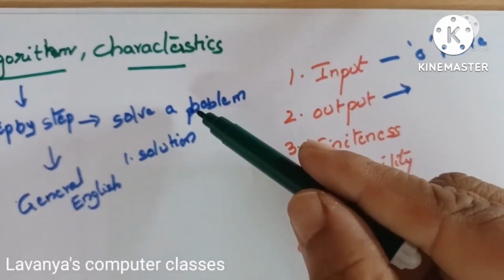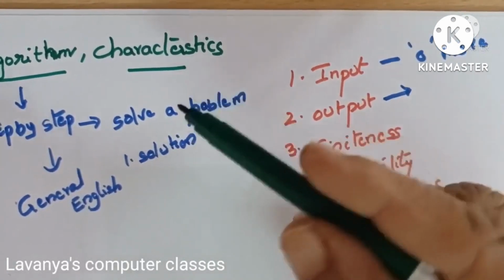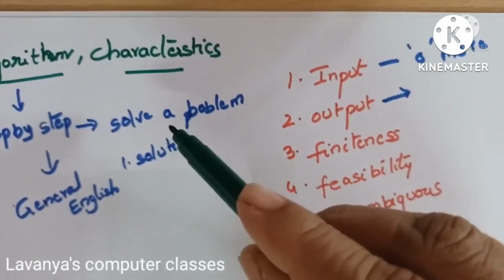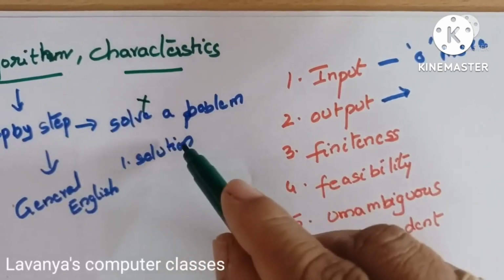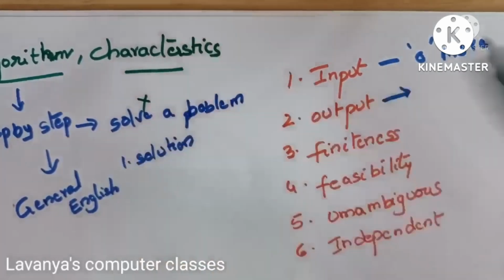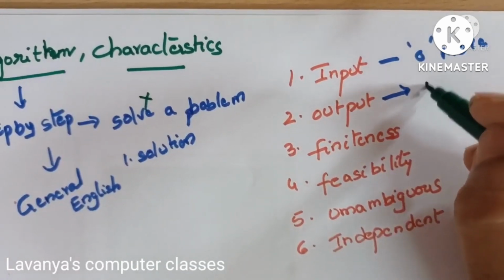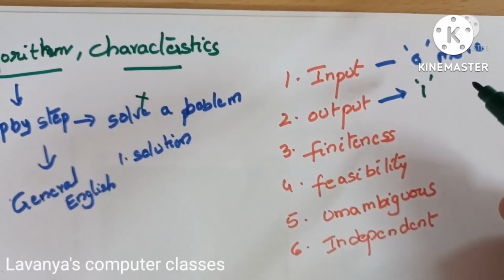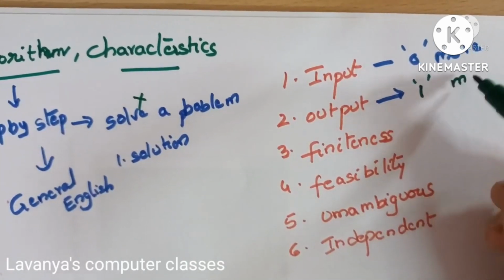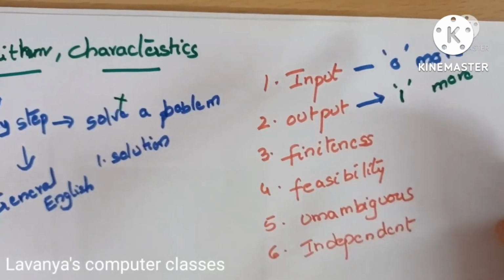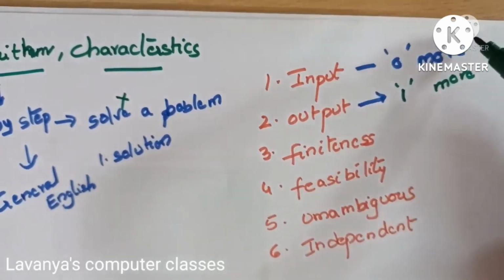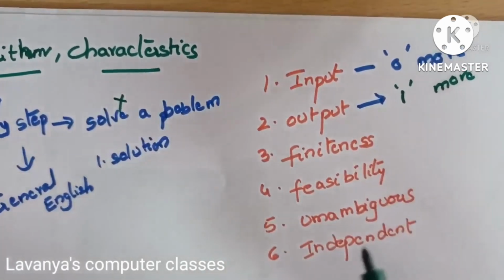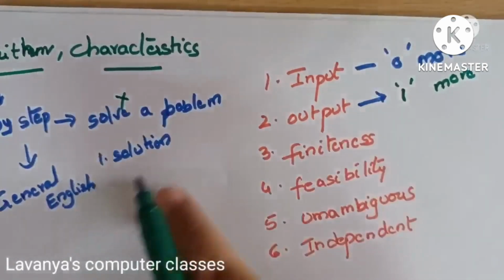Minimum one output or many outputs. So the minimum number of inputs is 0, the minimum number of outputs is 1, and the maximum depends upon the program.